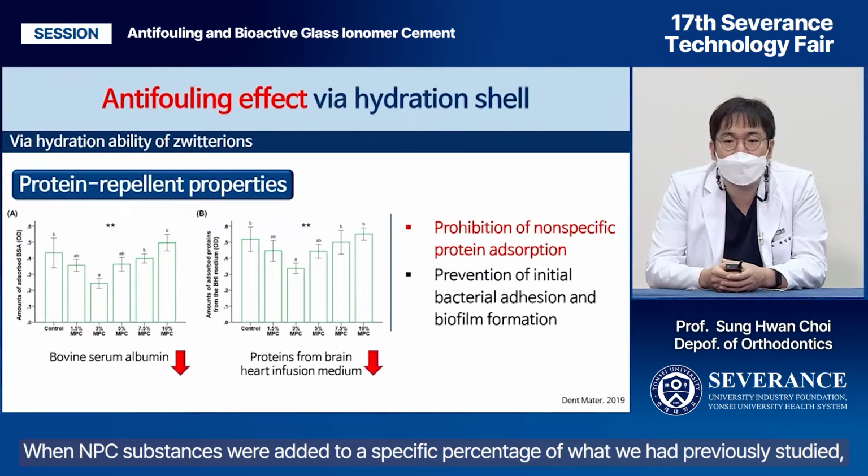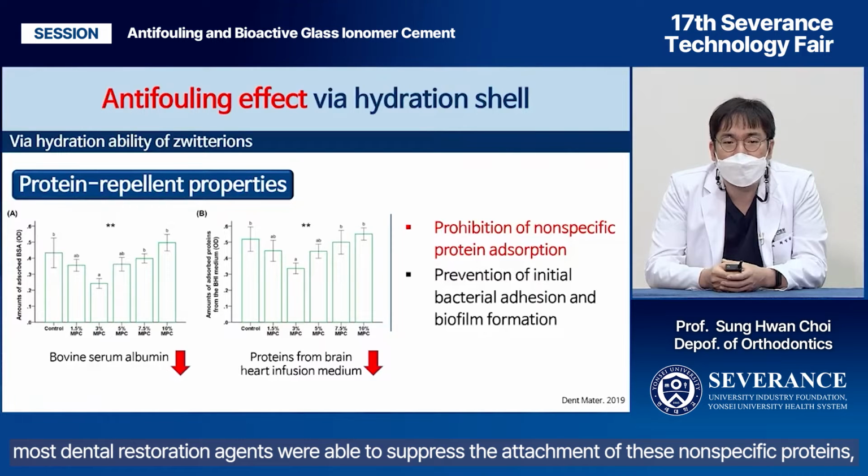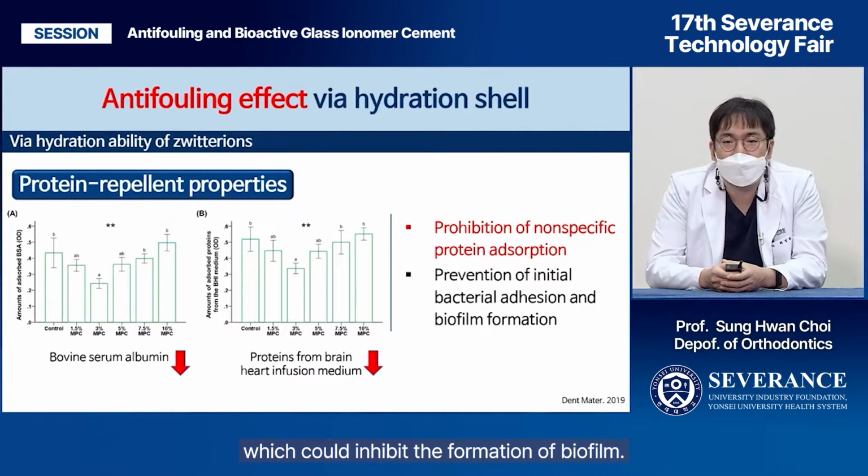When MPC substances were added at a specific percentage to what we had previously studied, most dental restoration agents were able to suppress the attachment of these non-specific proteins, which could inhibit the formation of biofilm.